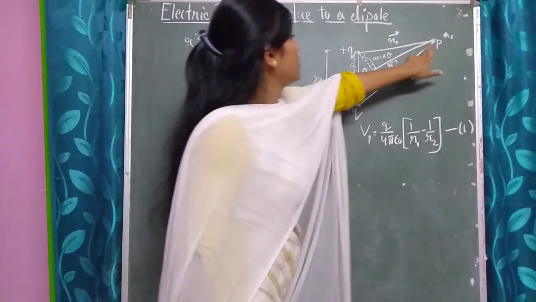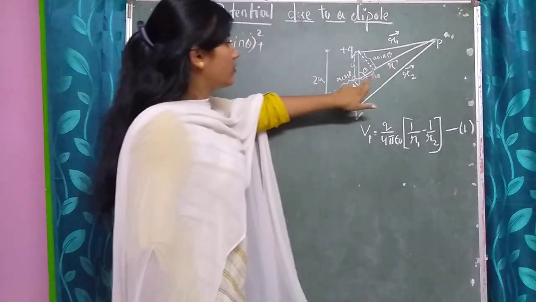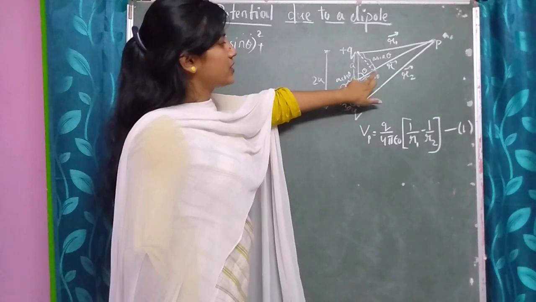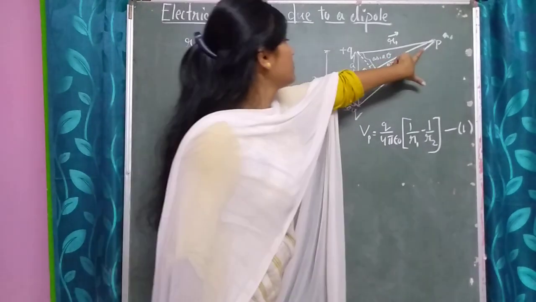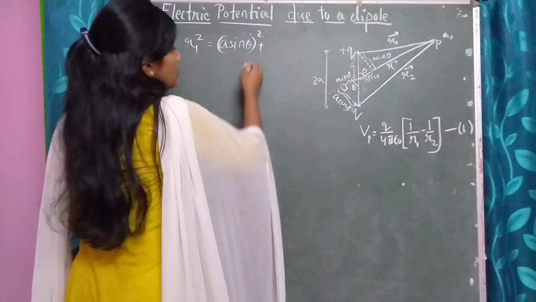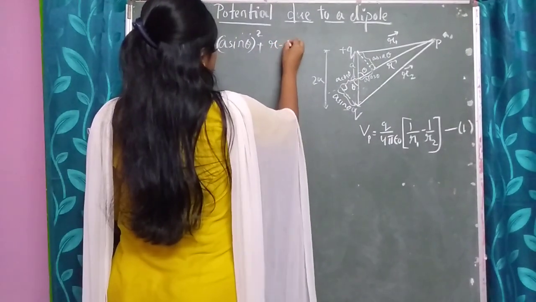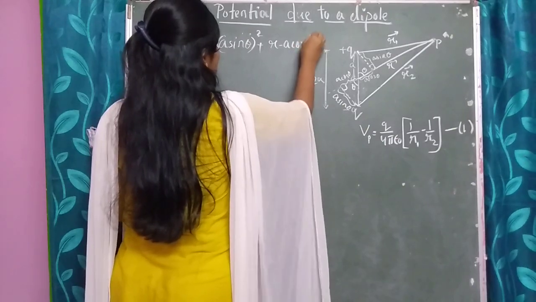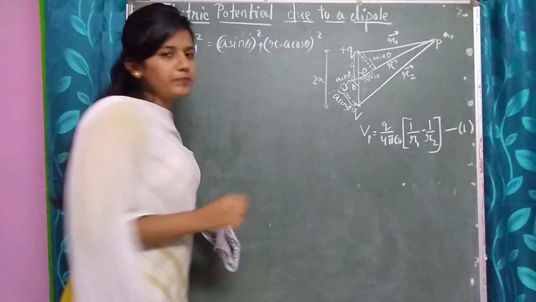So this base will be, since the total value is R and this much value is a cos theta, this much value will be R minus a cos theta. So I will write R minus a cos theta whole square.